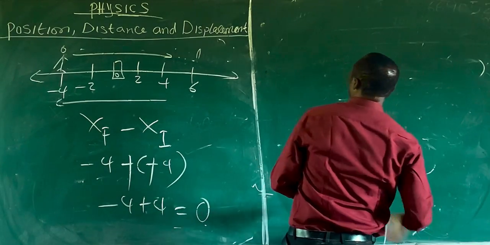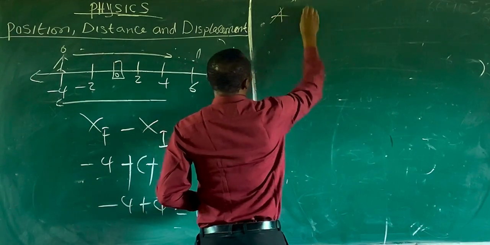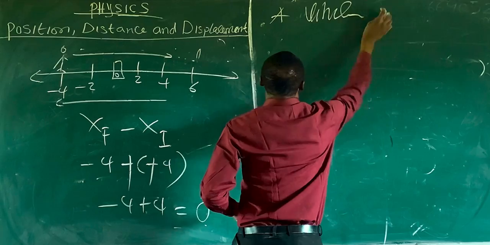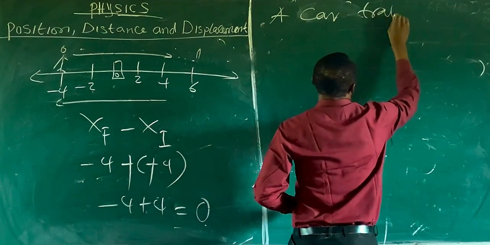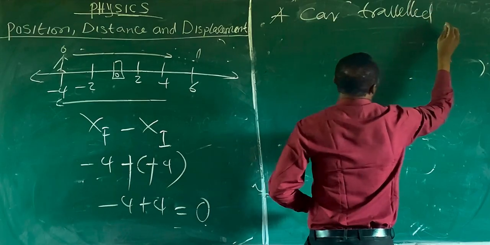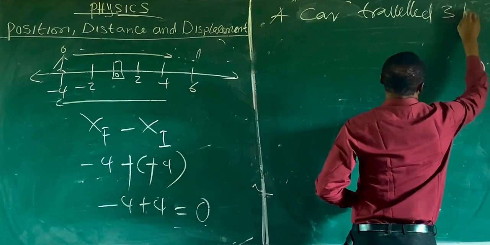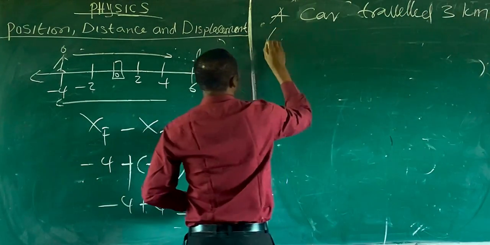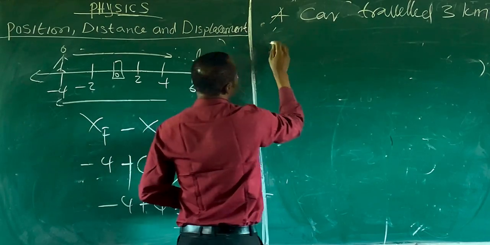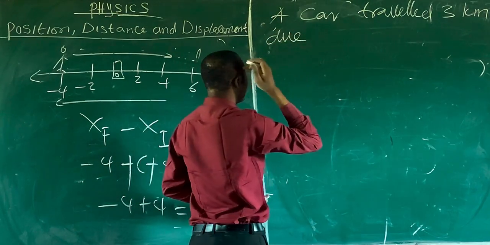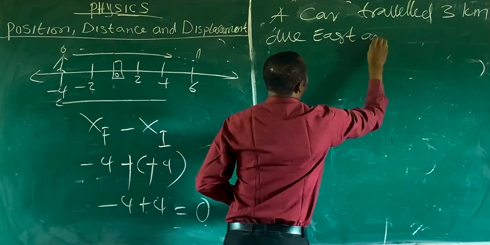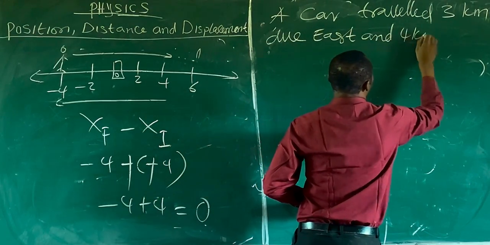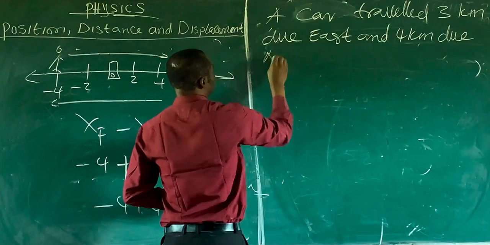Now let's say a vehicle, or a car, say a car, traveled 3 kilometers due east and 4 kilometers due north.